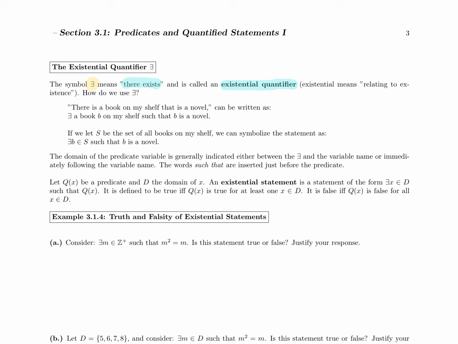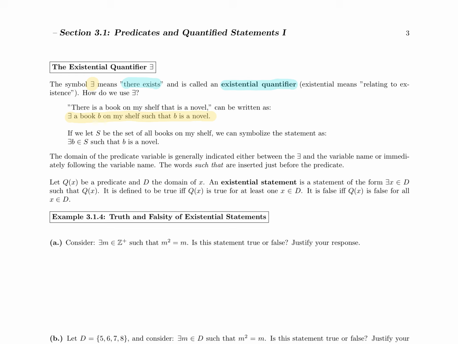There exists a book B on my shelf such that B is a novel. Okay, that works.